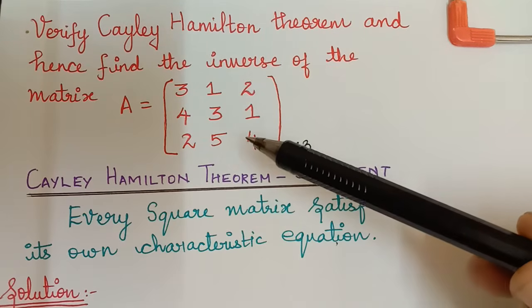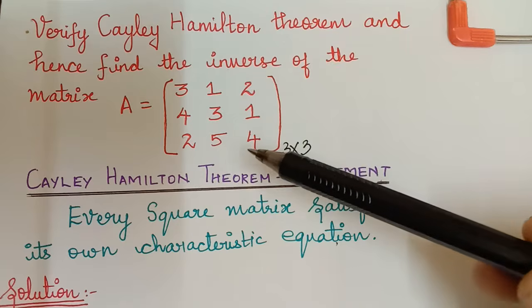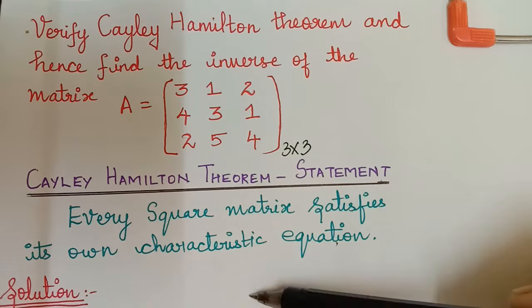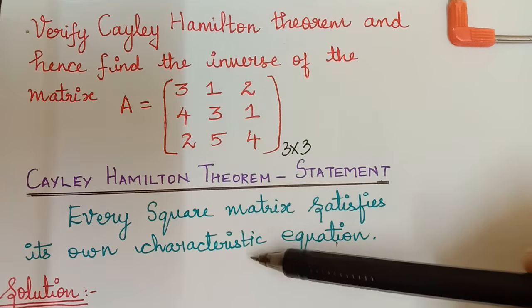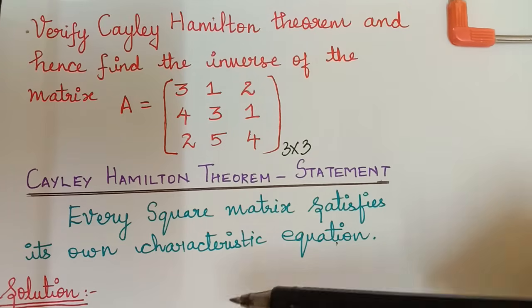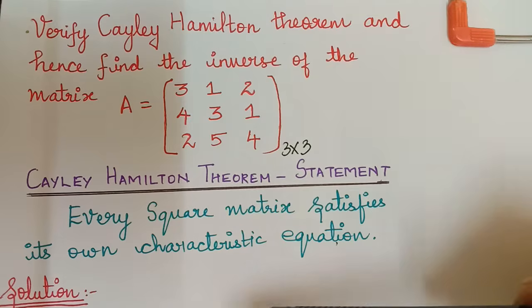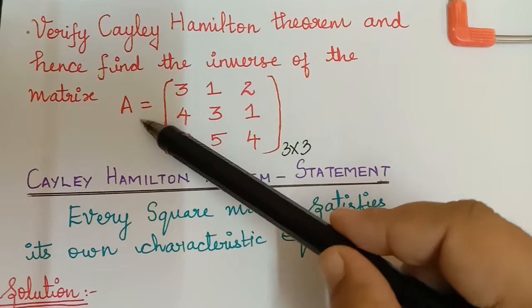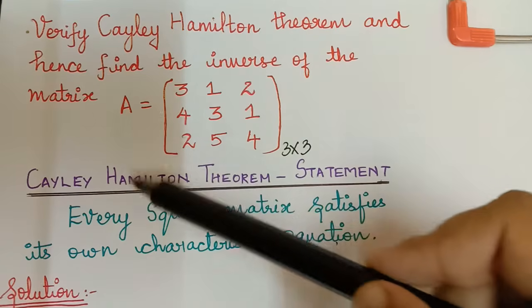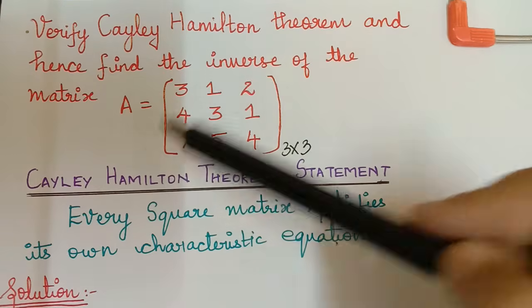Now we have to show that it satisfies its own characteristic equation. So for this matrix A, first we have to find the characteristic equation. And in that characteristic equation, in place of lambda, we have to replace it by A. And we have to check whether that equation is satisfied or not.